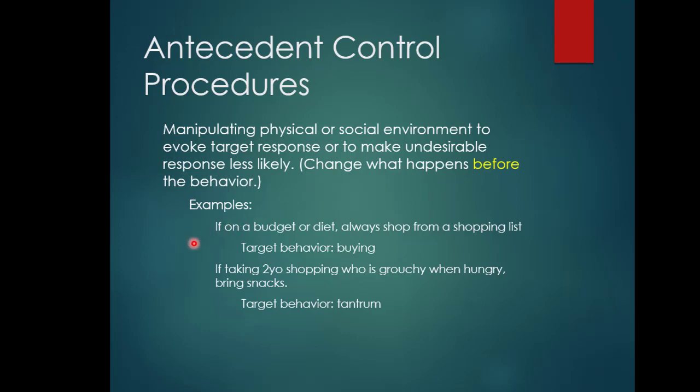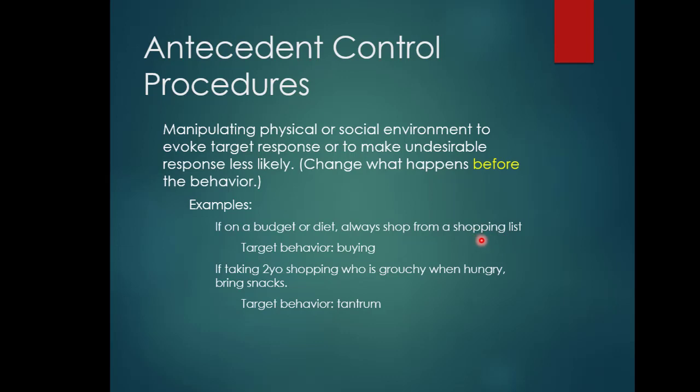So if you're on a budget or you're trying to eat healthy, the problem behaviors would be spending money or purchasing unhealthy foods. If those were your behaviors, you could arrange or alter antecedents by creating a shopping list, right?